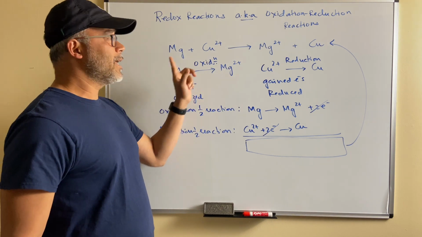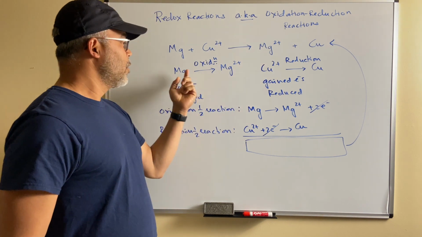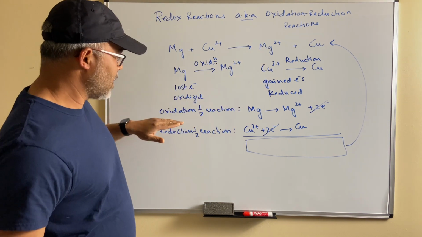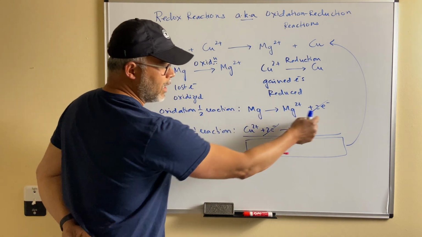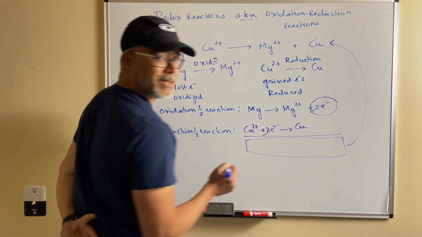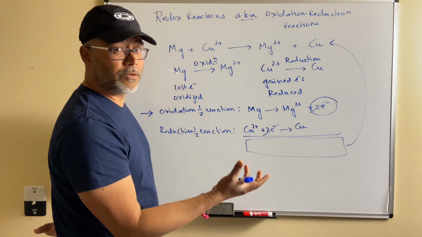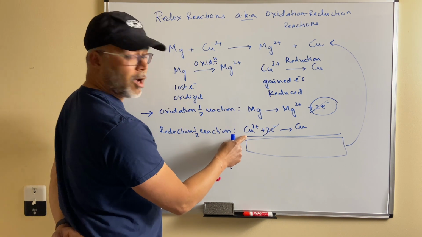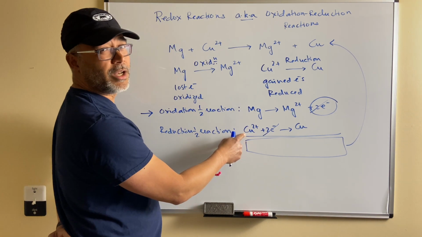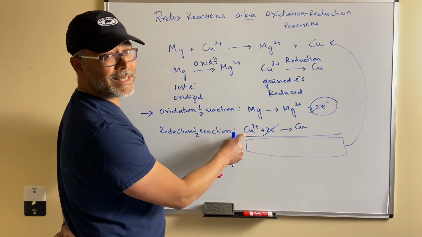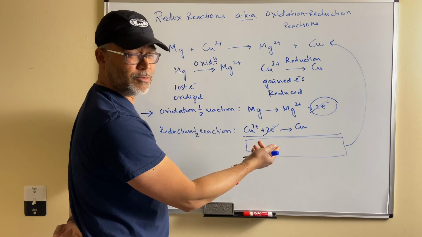In this case, it is the copper 2+. The reason is that when magnesium goes to magnesium 2+, if you look at the oxidation half reaction carefully, it produces 2 electrons. Those 2 electrons have to be accepted by someone else who's looking for 2 electrons, and that's going to be the copper 2+. So the copper 2+ happens to be the oxidizing agent, because it's helping the magnesium oxidize to magnesium 2+.